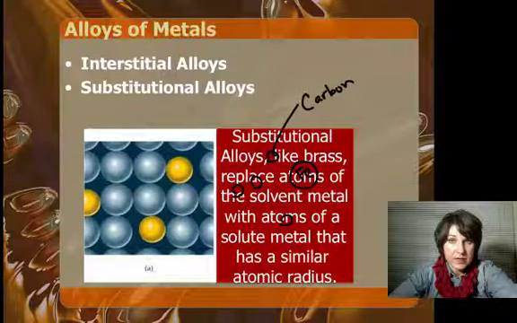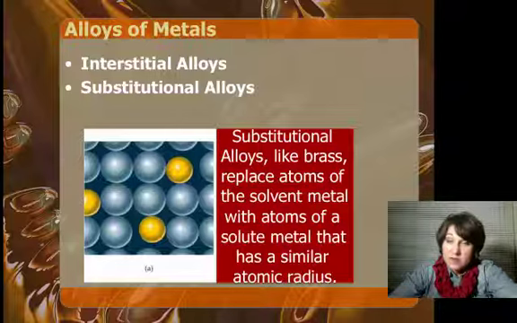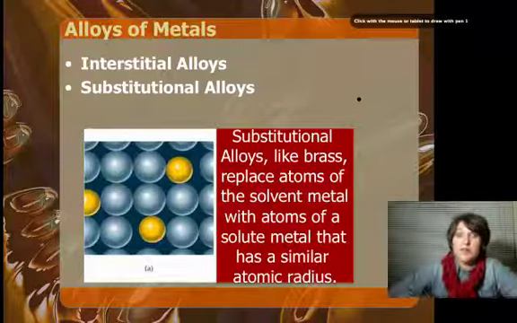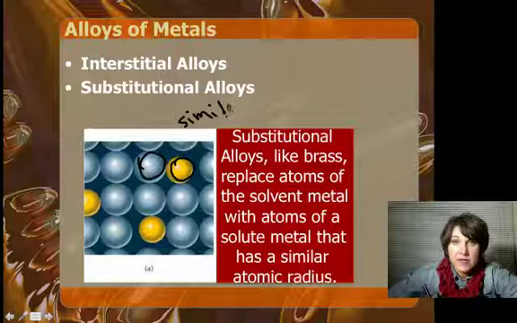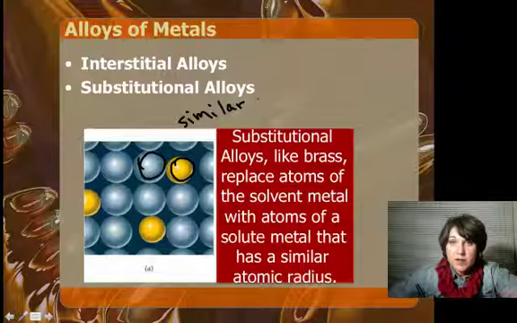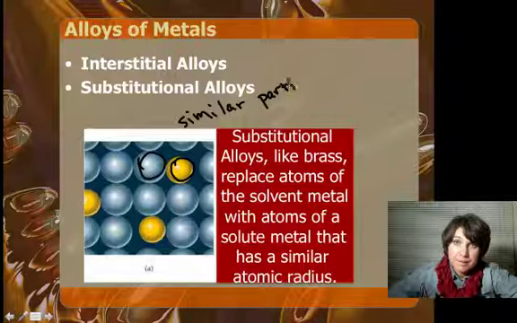Another type of alloy is called a substitutional alloy, and this is usually created when the two particle sizes are very similar. A substitutional alloy is one in which atoms of the solvent metal are actually replaced with atoms of the solute metal. One example of that is brass.